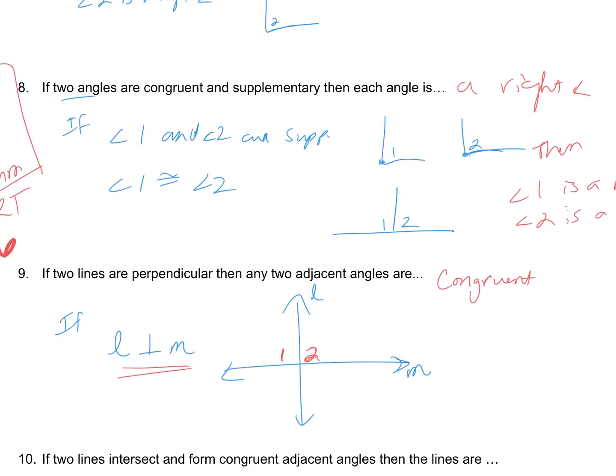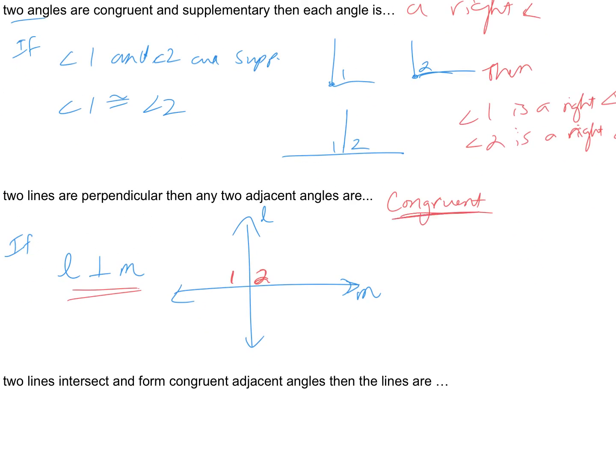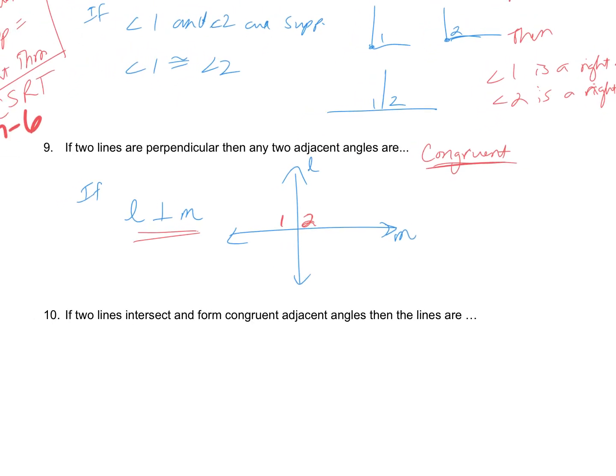And congruency is going to be a helpful conclusion in our future. So I have a little bit better perspective than you guys do of what's going to help us and what's going to give us some shortcuts and save us some time down the road. So then let's go ahead and make a specific conclusion for ourselves. Angle 1 is congruent to angle 2 in this scenario is a conclusion that we can make.